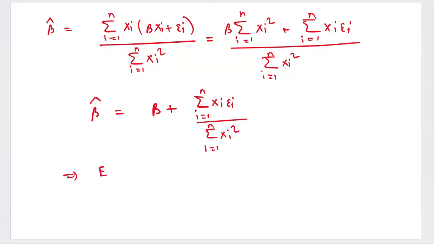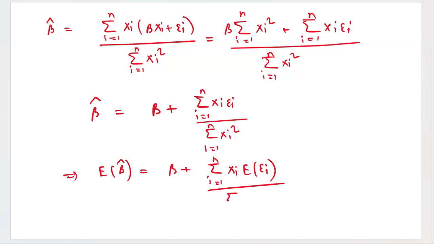Now, if you take expectation on both sides, this will be beta plus summation i from 1 to n xi expectation of epsilon i upon summation xi squared. The expectation of epsilon i is simply 0. This property is not changing. We are only changing the variance property, but the expectation of epsilon i is still 0. That will give you expectation of beta cap equals beta.